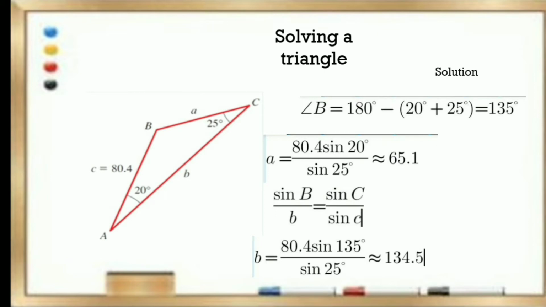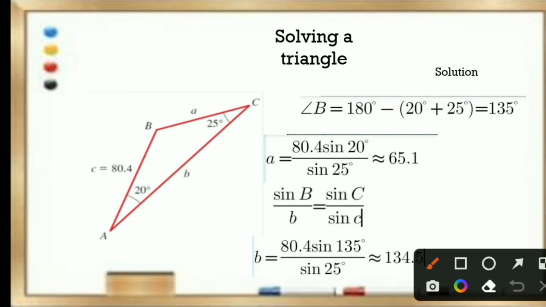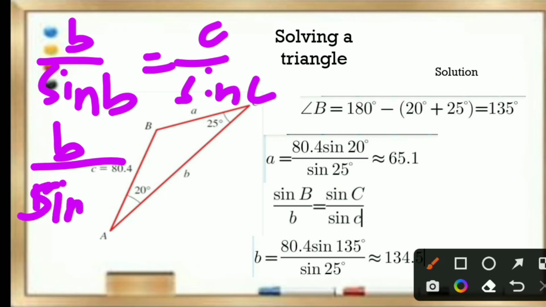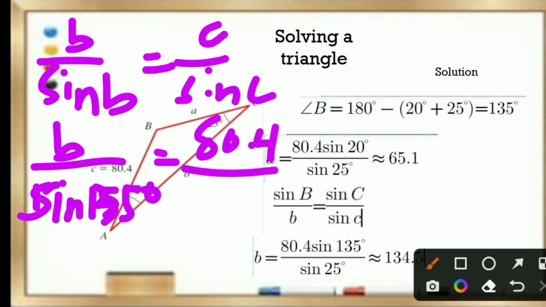Using the law of sines, similarly, to find side b we use this formula: b over sine B equals c over sine C. We put in the values of c and sine C and sine B. Since we already know angle B is 135 degrees, b over sine 135 degrees equals 80.4 over sine 25 degrees.